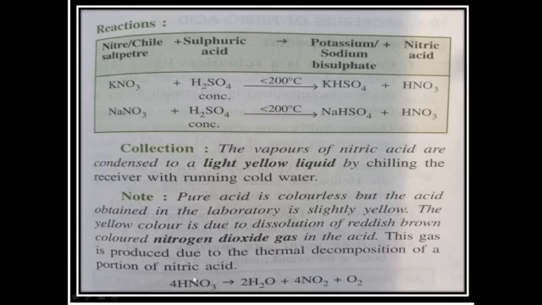As the nitric acid is formed, some portion of it undergoes thermal decomposition because of the heat produced in the reaction. Because of that heat, some portion of nitric acid breaks into water, nitrogen dioxide and oxygen gas, and because of the presence of this nitrogen dioxide, the nitric acid prepared in the lab is slightly yellow in color. Otherwise pure nitric acid is colorless.